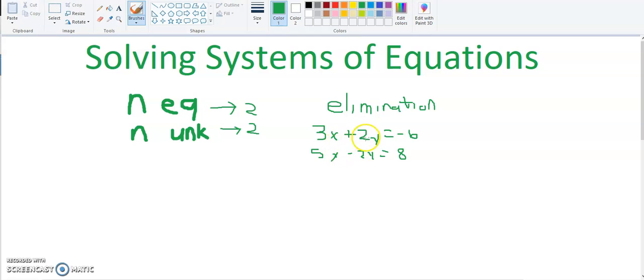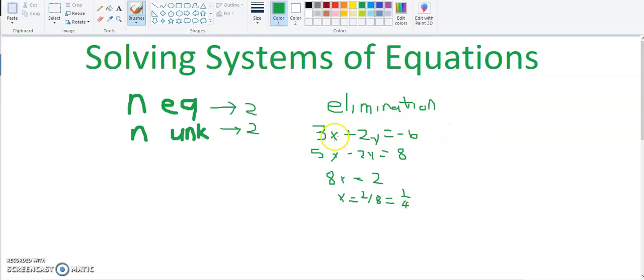So notice here that I have a plus 2y and a minus 2y. This makes this system a very good choice for elimination because I can easily get rid of the y value. If I just add these 2 equations together, I get 8x is equal to 2. Then I divide both sides by 8 and I get x is equal to 2/8, which is the same as 1/4.